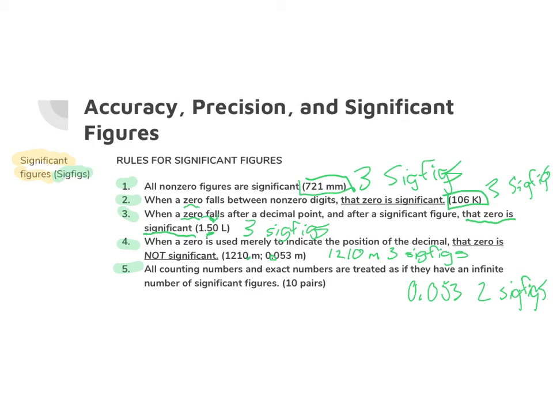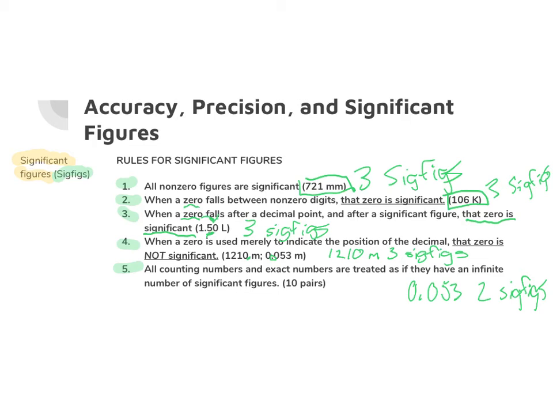And then this last rule, it can confuse you if you're not confused already. All counting numbers and exact numbers are treated as if they have an infinite number of significant figures.